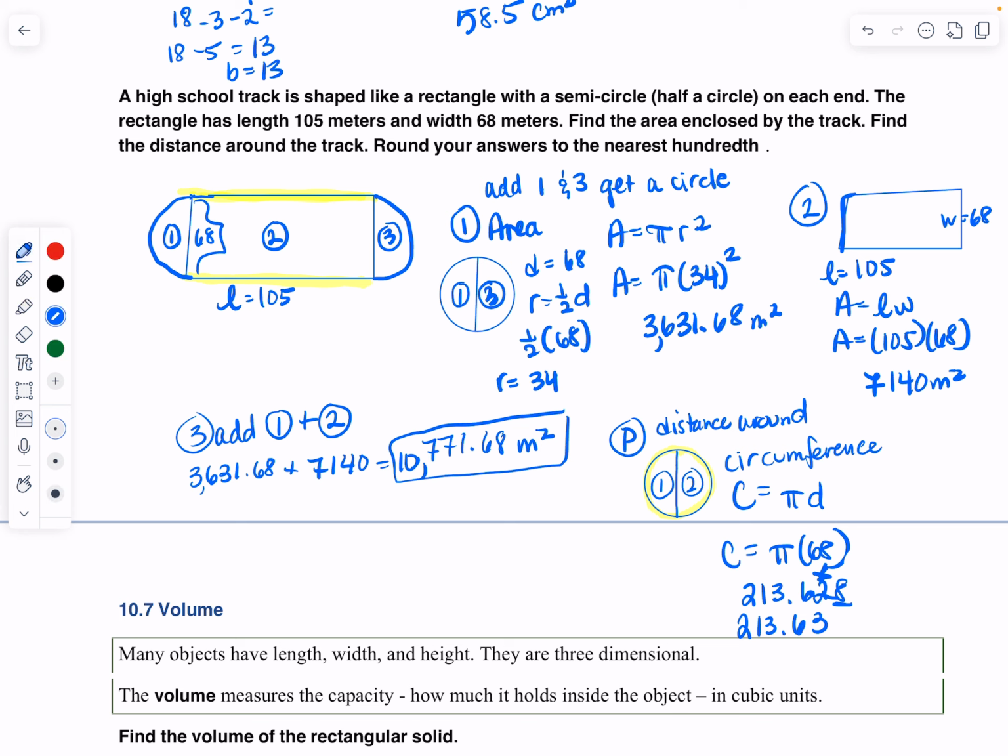So now I'm going to add 105 plus another 105 plus 213.63. And when I do that, I got 423.63, and that is going to be in meters.